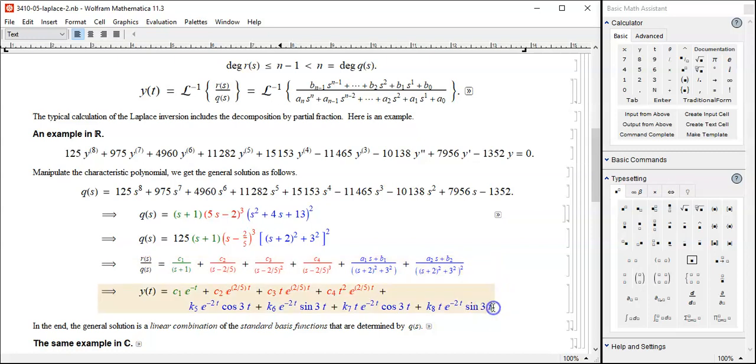And then we can take the Laplace inversion, and we're going to get the general solution. All good. Where is the hole? It's right here. Can we always factor like this? Linear factor and quadratic irreducible factor, which can be transformed into complete square plus square. Is there anything else?